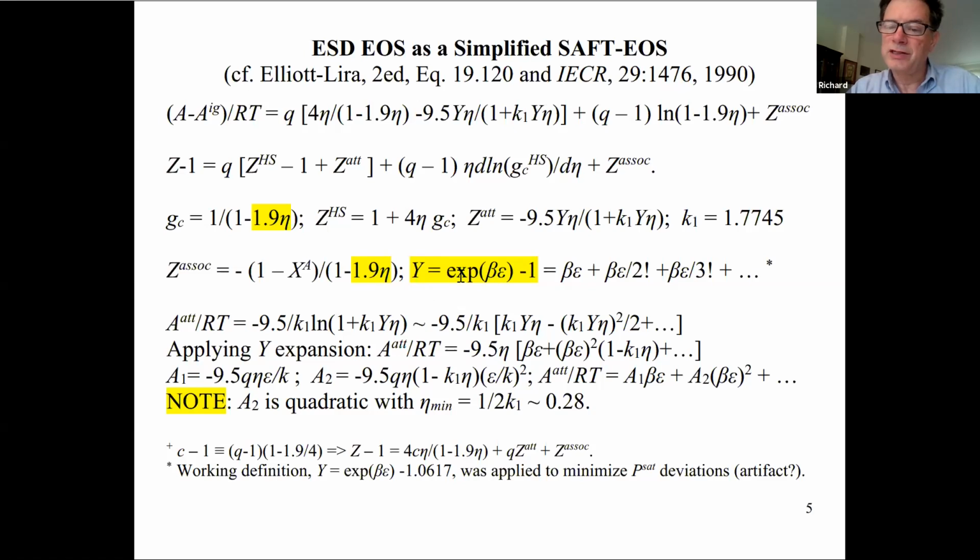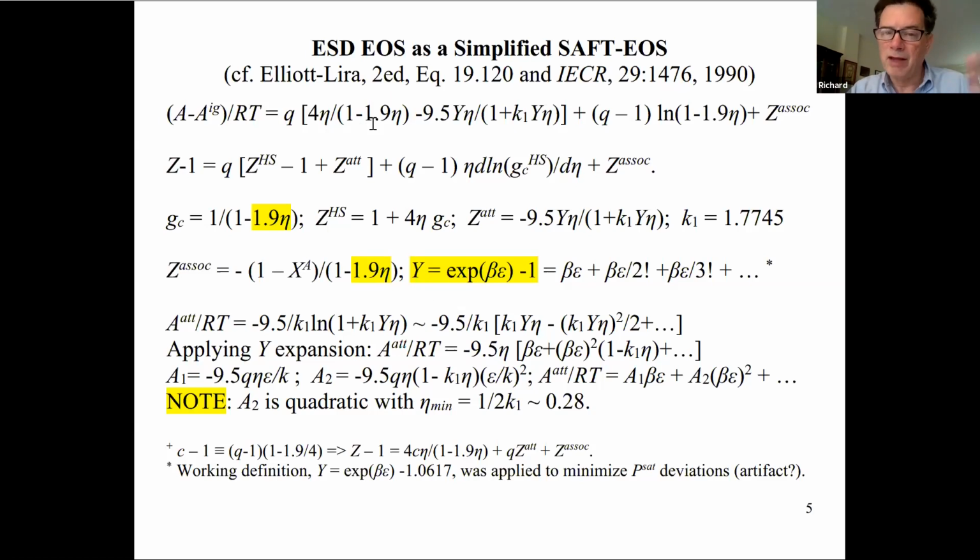So it's this exponential. So it's an exponential in reciprocal temperature. Beta is 1 over kT. Epsilon is your energy. In this particular case, the ESD equation, also the PC-SAFT equation does this, uses as its foundation the square well spheres.